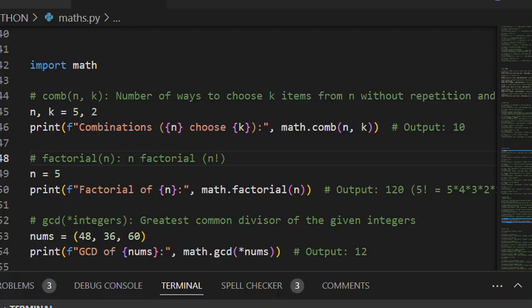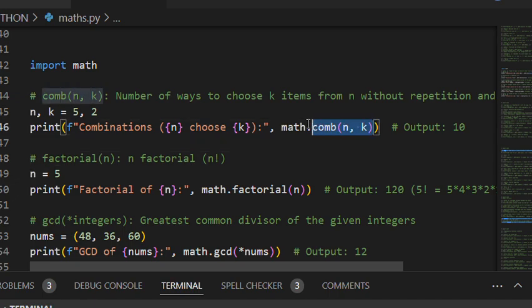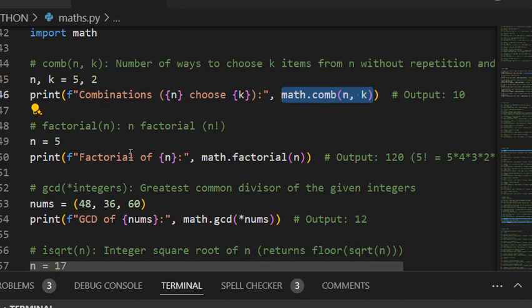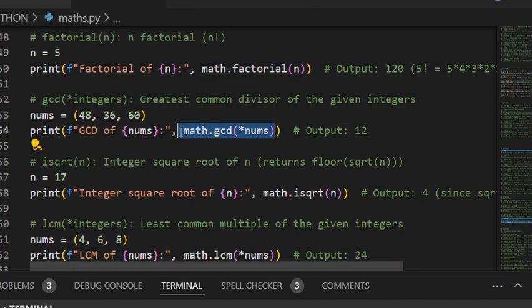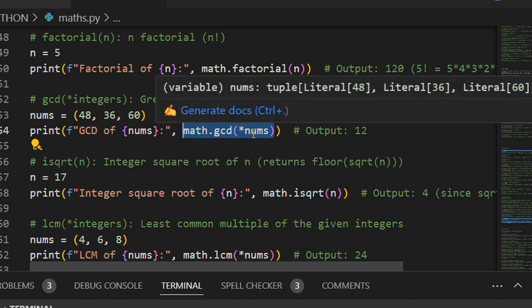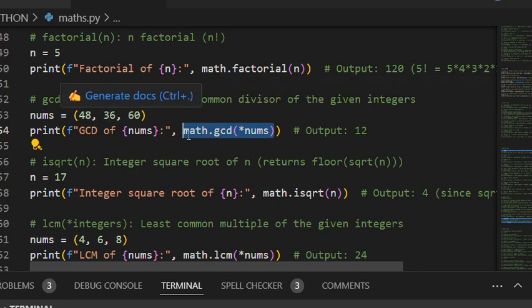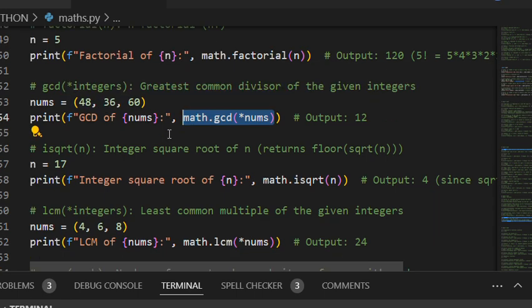Then we have perm(n, k), which gives the number of ways to choose k items from n without repetition and with order. This is the example code. math.comb(n, k) gives nCk, that is 5C2, whose output is 10. Then we have math.factorial(n); the factorial of 5 is 120, so its output will be 120. Then we have math.gcd(nums). There we can give the argument in the form of a list or set or anything, and it will give the gcd of all the numbers inside the argument.